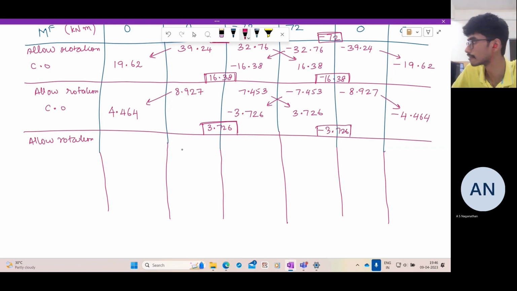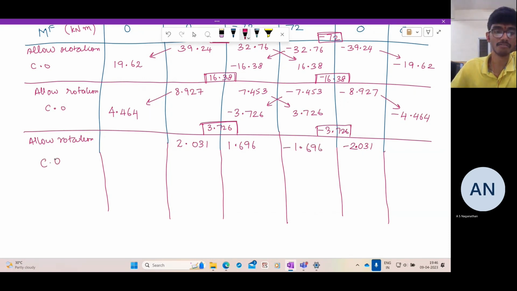So 0.545 into 3.726 is 2.031, and 0.455 into 3.726 is 1.696. Similarly, minus 3.726 into 0.545 is minus 2.031, and minus 1.696.